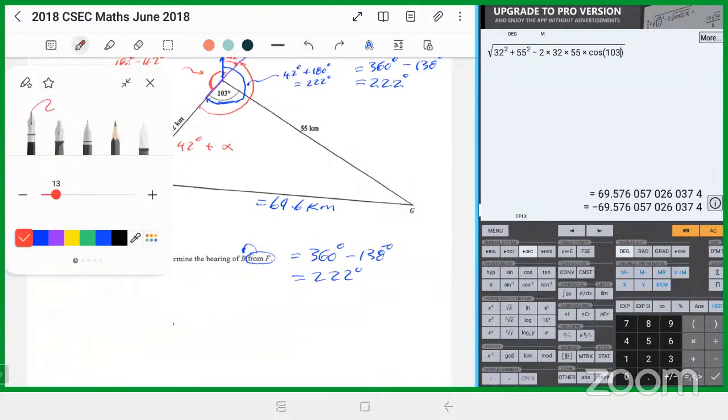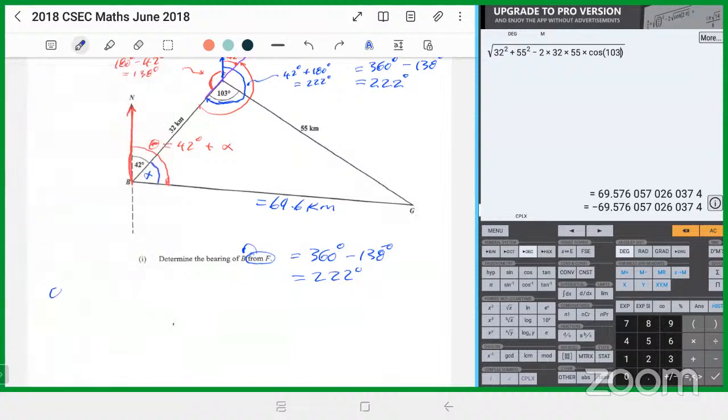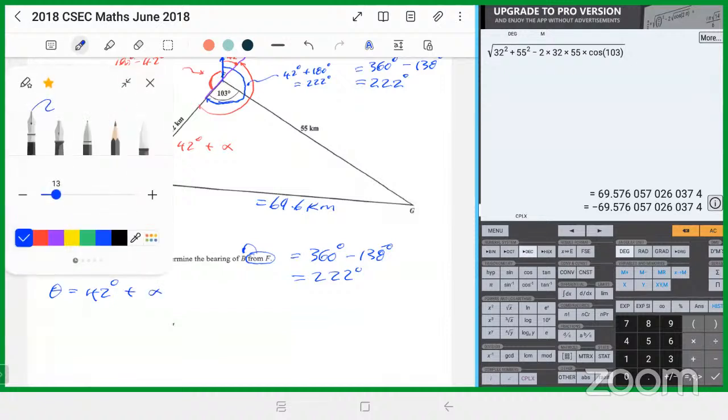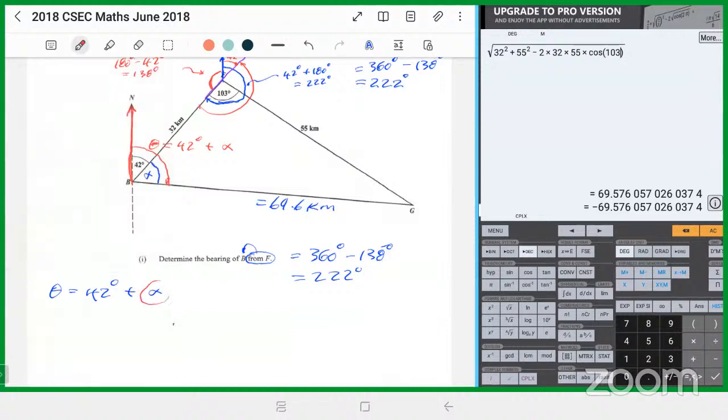So the bearing that we want is theta, as we said. It is equal to 42 degrees plus alpha. And to find the alpha, again, we're going to use the sine rule. We start with the sine of the angle over the side opposite.